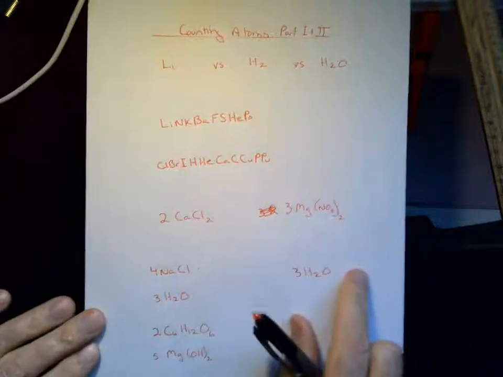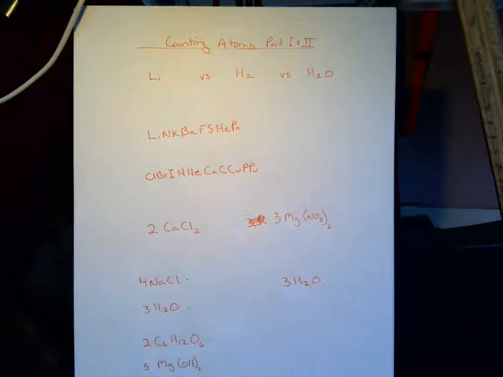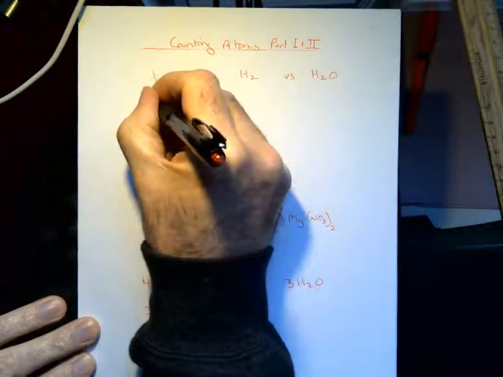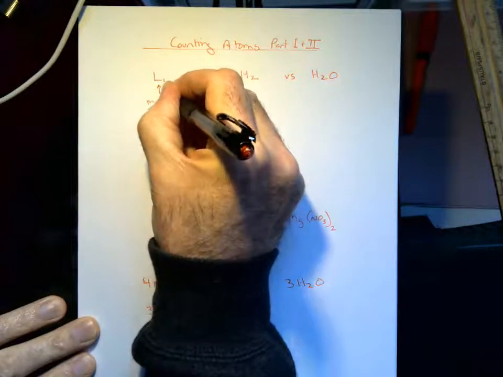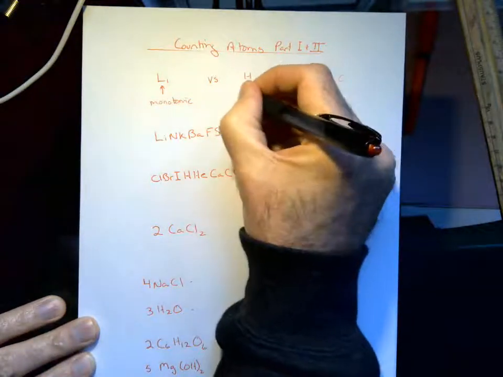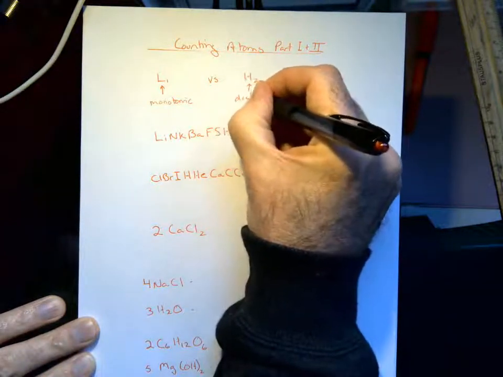First of all is recognizing what an atom is versus a molecule. An element is the simplest form. What I mean by that is most elements on the periodic table are monatomic, but some of them are diatomic.